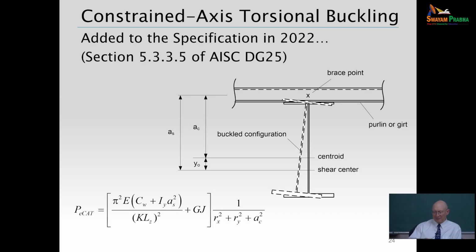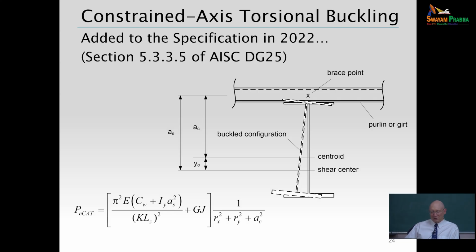But the equation that I'm showing on this slide applies generally to a singly symmetric I section, and this is the way it is written in AISC Design Guide 25 for design of frames using non-prismatic members. The reason is that it's very common to have single symmetry in a metal building cross section, so how do we do it for a singly symmetric section?